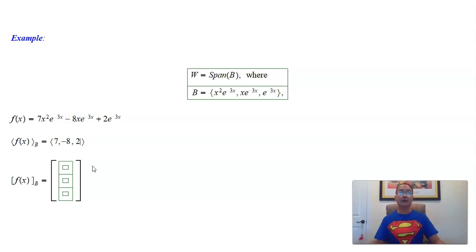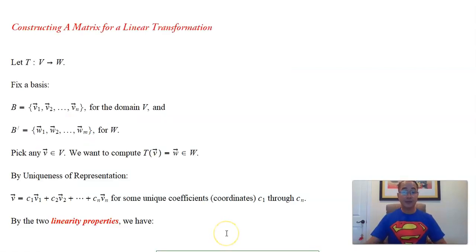I should delete that comment. What is the coordinate matrix? Write this now vertically as 7, -8, and 2. We will bring that back in a little bit when we find the derivative of that complicated looking function.